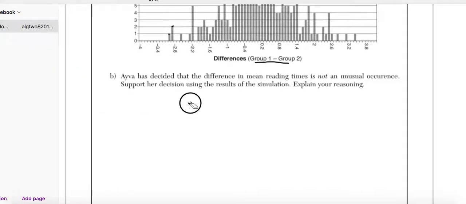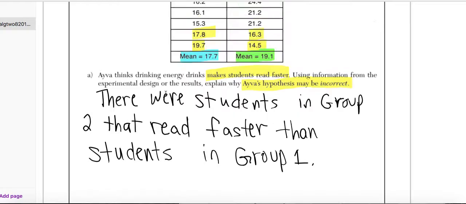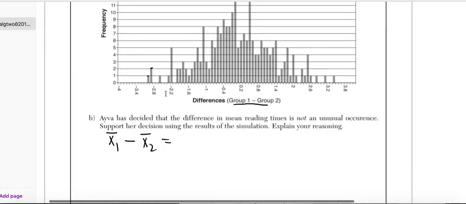I'll rather do that because we're taking a sample. X with a bar on top means the mean for a sample. This is a population mean, the mu, but we're taking a sample mean. So the sample mean for group 1, I'll just call x1, minus sample mean for x2 was simply 17.7 minus 19.1.